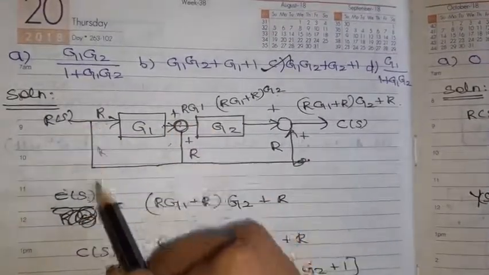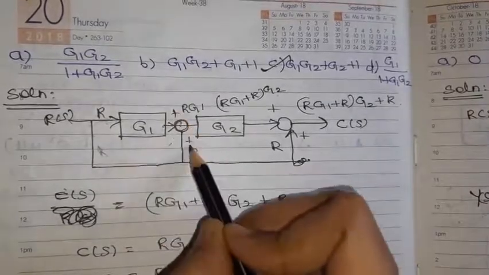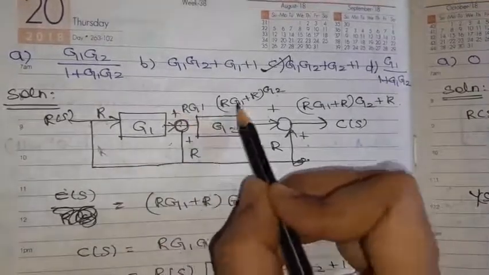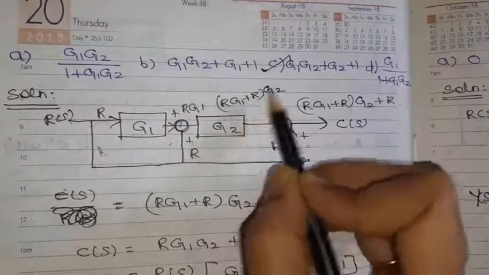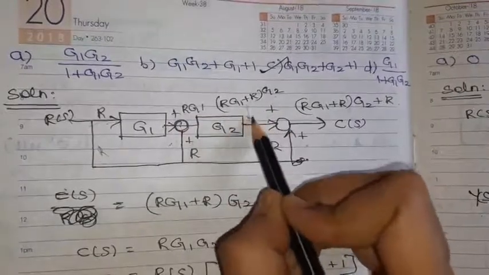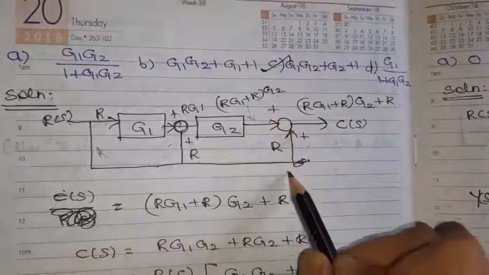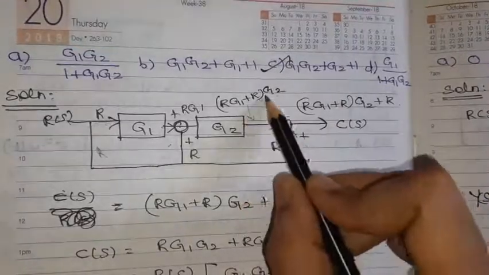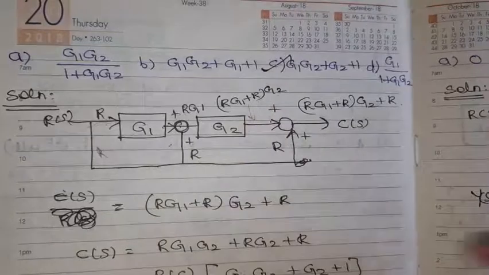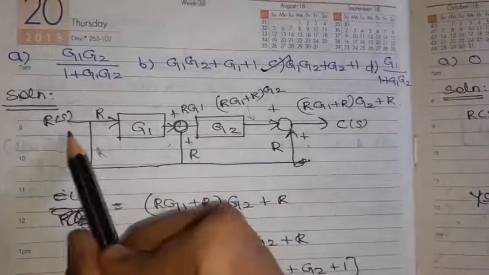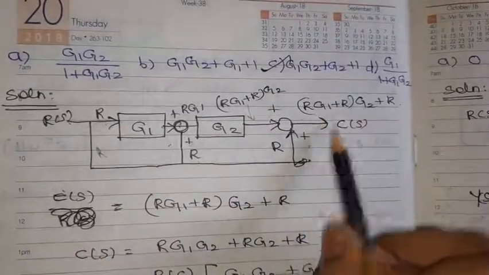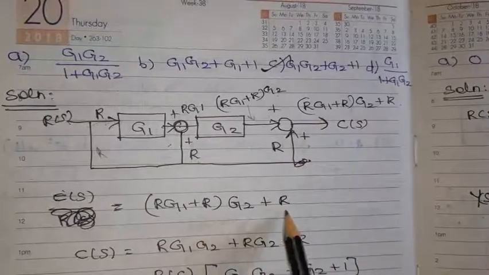Here R, both are addition. So just add R G1 plus R here into G2, the output here. Then this will be summed up with one more R here. So C of s is equal to R G1 plus R, into G2, plus R.